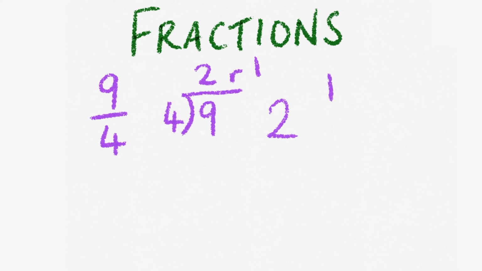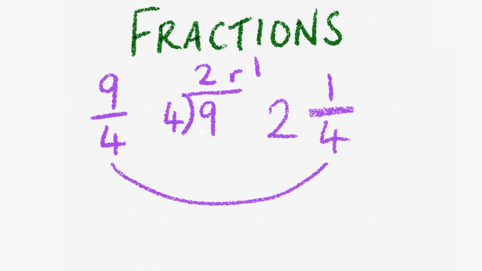Now, 1 what? Well, we're looking at quarters, so I've got 1 quarter remaining. So our 9 quarters equals 2 whole objects and 1 quarter. 9 quarters is the same as saying 2 and a quarter.